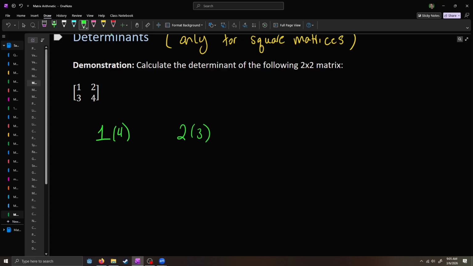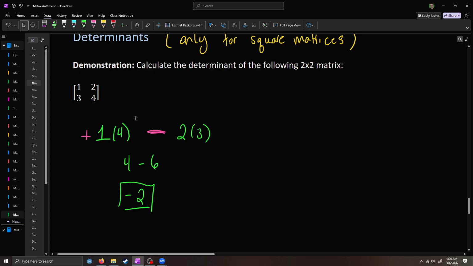Then I'm going to go through these two terms and put alternating signs on them. So I'm going to leave 1 times 4 positive, but then as I pass to the next term, I'm going to alternate to negative. So I get here 1 times 4 minus 2 times 3. So I get 4 minus 6, result negative 2. Negative 2 would be the determinant of this matrix.